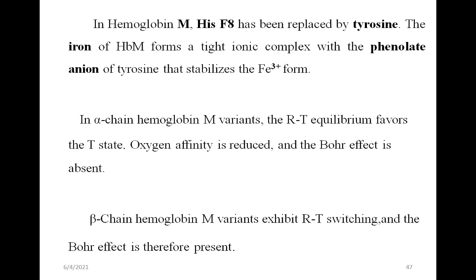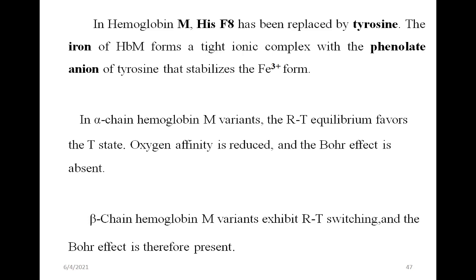The iron of methemoglobin forms a tight ionic complex with the phenolate anion of tyrosine that stabilizes the ferric form.